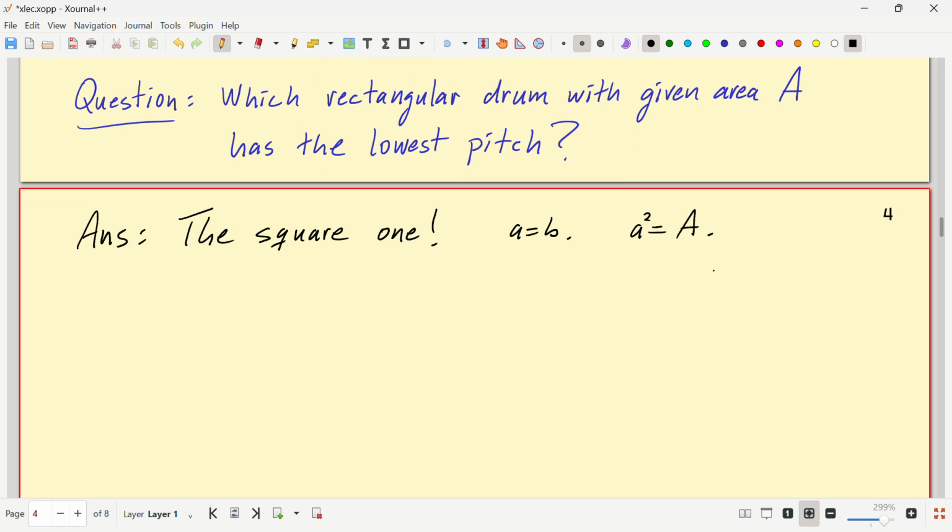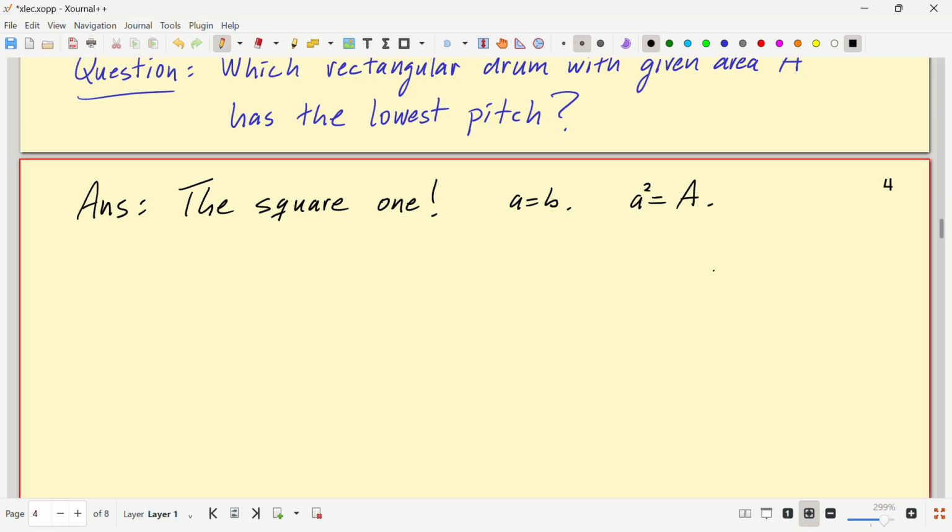Let's see. A famous problem that you might have heard about is, can you hear the shape of a drum?